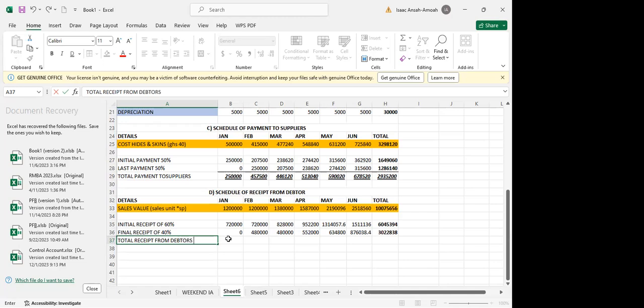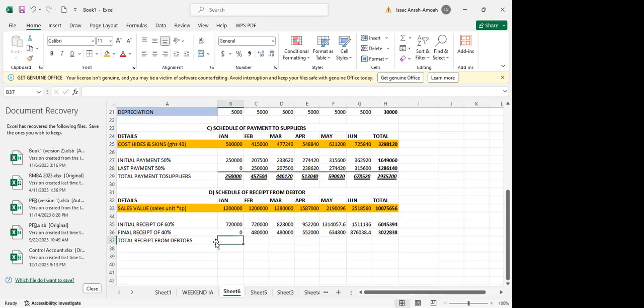And then that will be the addition of your initial and then the final receipts. So this plus this. We're going to generate that for the rest of the months. It's just an addition of the initial and then the final receipts. All right.